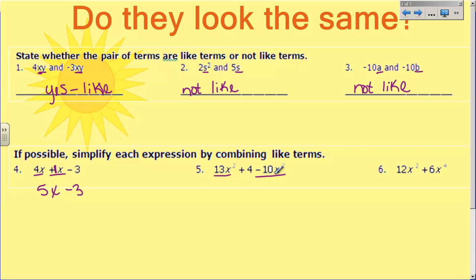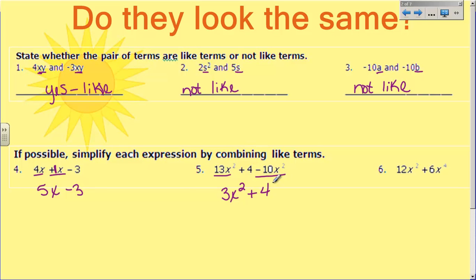This minus sign goes with the 10, not with the 4. It's got to be what is in front of the coefficient. So when I combine these two, I'm really going to do 13 minus 10, which is 3x squared, because I had 13 of them. I took away 10, leaves me with 3 total. And then the plus 4, just like before, I can't ignore. It has to follow along.